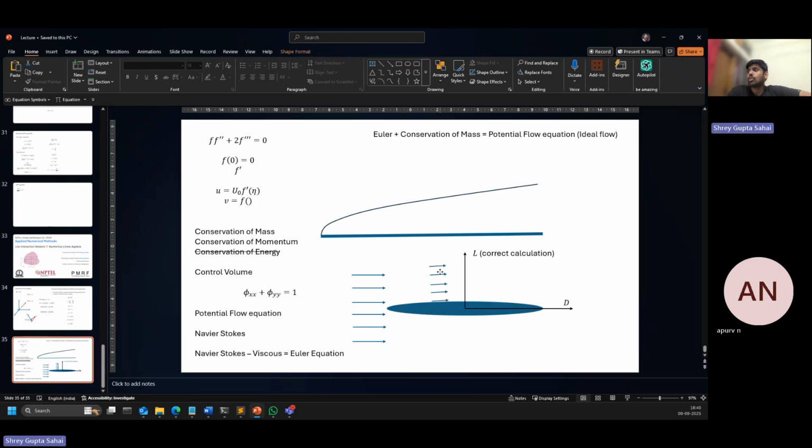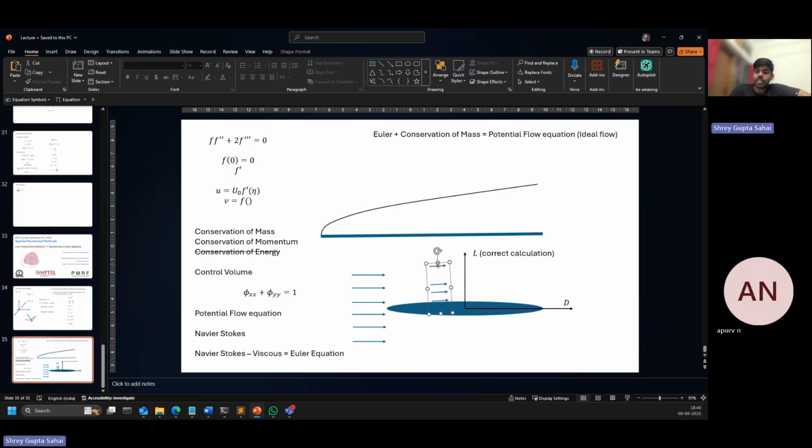Unless we went too close, up to an appreciable distance from the wall, the velocity was equal to the free stream velocity. So one thing which the experimentalists noticed was that it was not the viscous effect. It was not like the flow had originally become viscous.